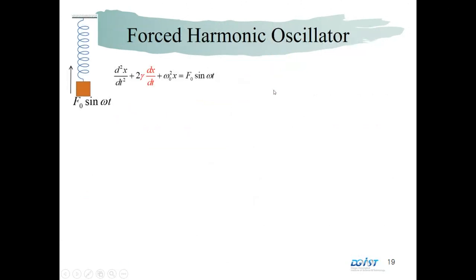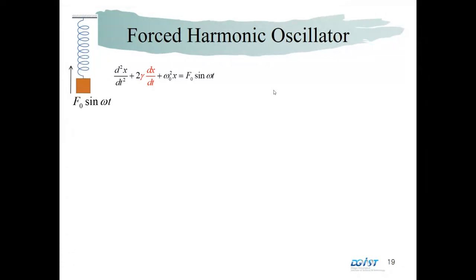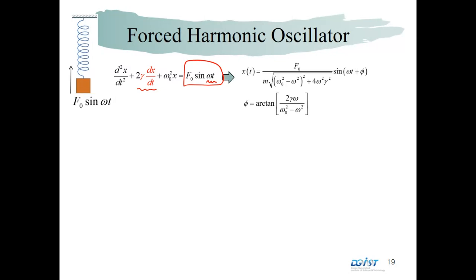Let me recall the damped harmonic oscillator, or forced harmonic oscillator. I already mentioned this one more time when we talked about it. With damping and an external force with the driving frequency omega, the solution can be obtained in this form.